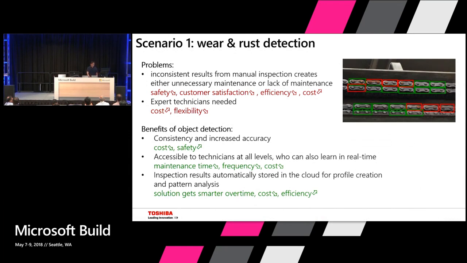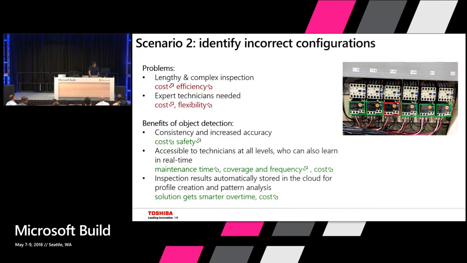Thank you very much. So in this video, you saw how computer vision and object detection are used to automatically and accurately identify wear and tear on equipment. It also helps field technicians to perform appropriate maintenance regardless of their qualification levels. You also saw another application that allows any field technician to do complex operations on electrical panels.